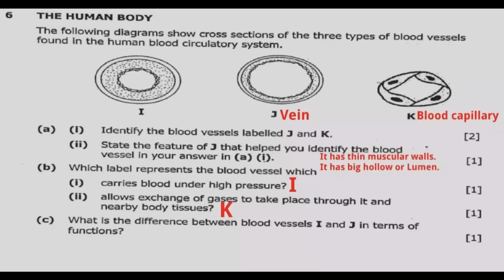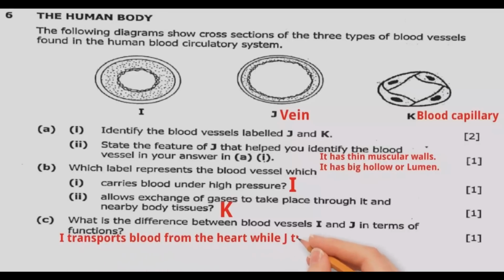Okay, we go to question number 6c. What is the difference between blood vessel I and blood vessel J in terms of functions? I transport blood from the heart, while J transport blood to the heart. Okay, remember they just want you to give one difference, so I'll give you two.